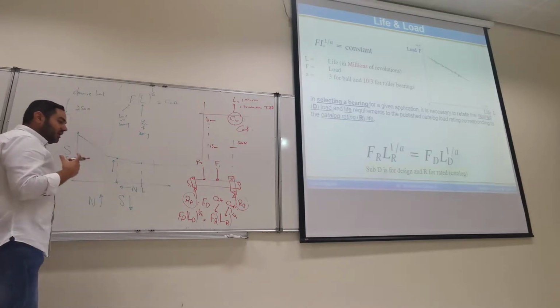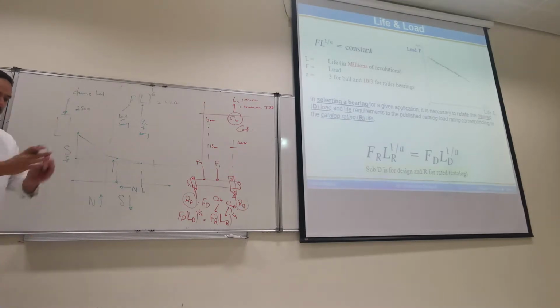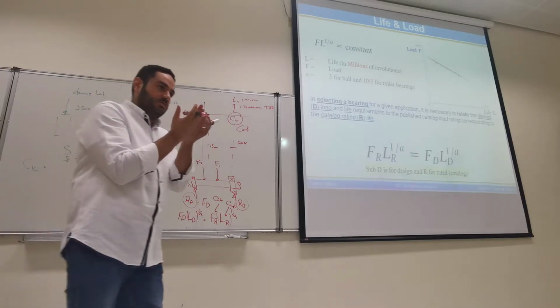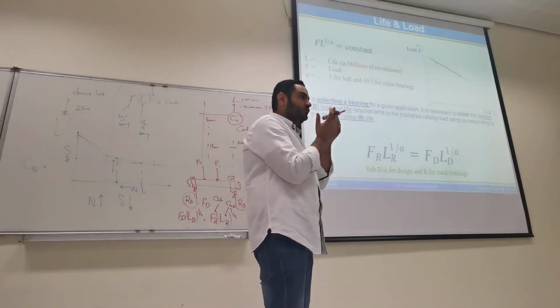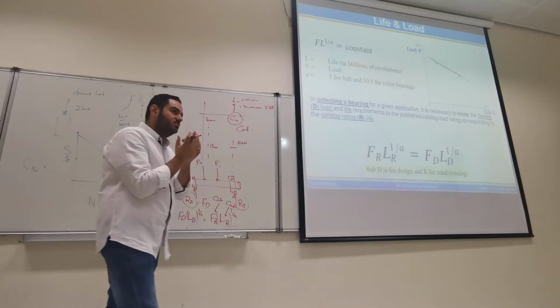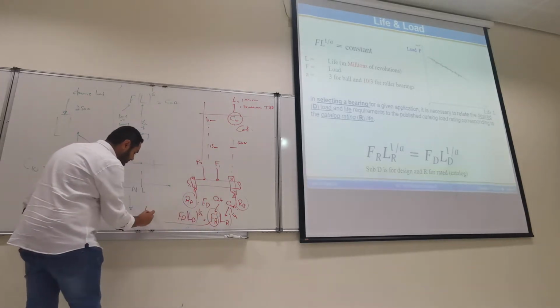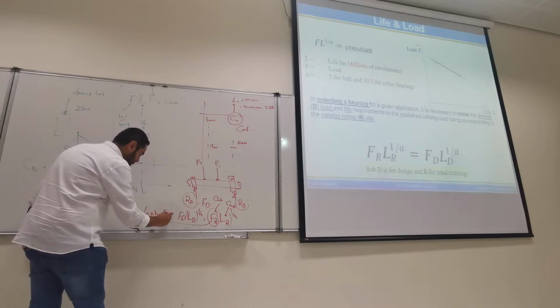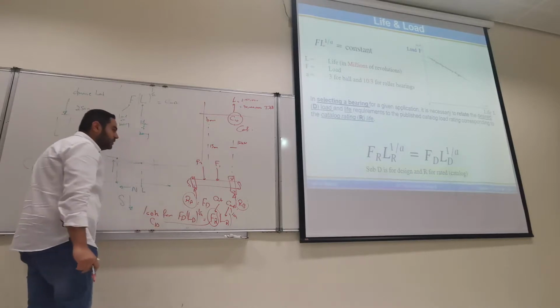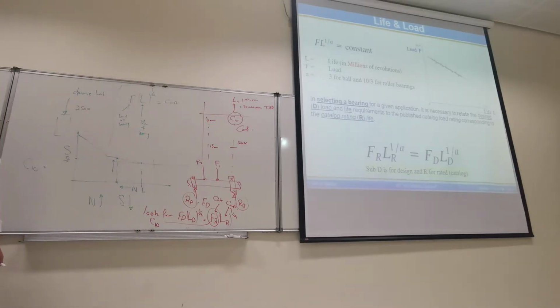Now, when we want to select, we open the catalog and search for something. What we have to search for is the rated load. So this is what we look for: C10, because I want to select a bearing that can carry the load safely and reach the desired life.